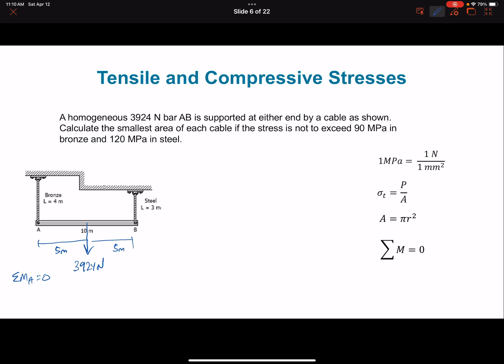That gives me 3,924 times 5 plus B times 10 equals 0. B equals 1962 newtons.